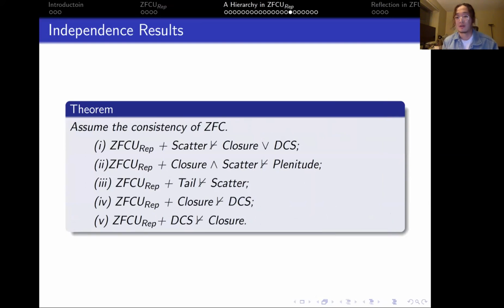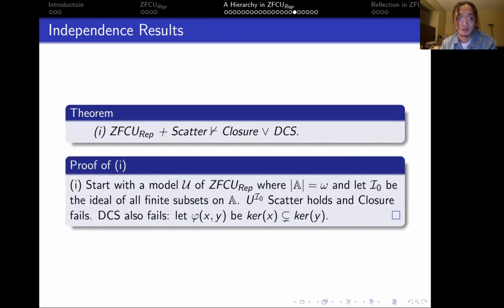Okay, then we can build models to show the diagram is best possible. I'll just talk about the first three of them. So first one, start with a model of ZFCU with replacement with only countably many atoms, and let I0 be the finite ideal. Then UI0 will be a model of ZFCU with replacement by the theorem.